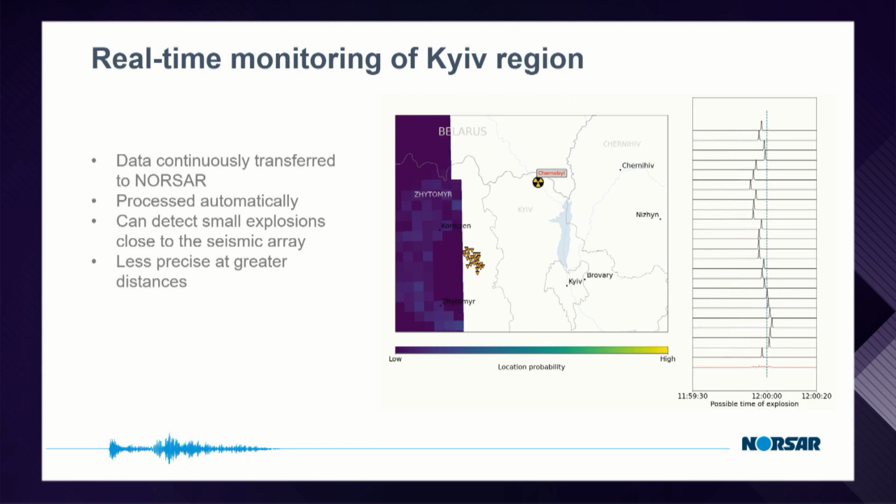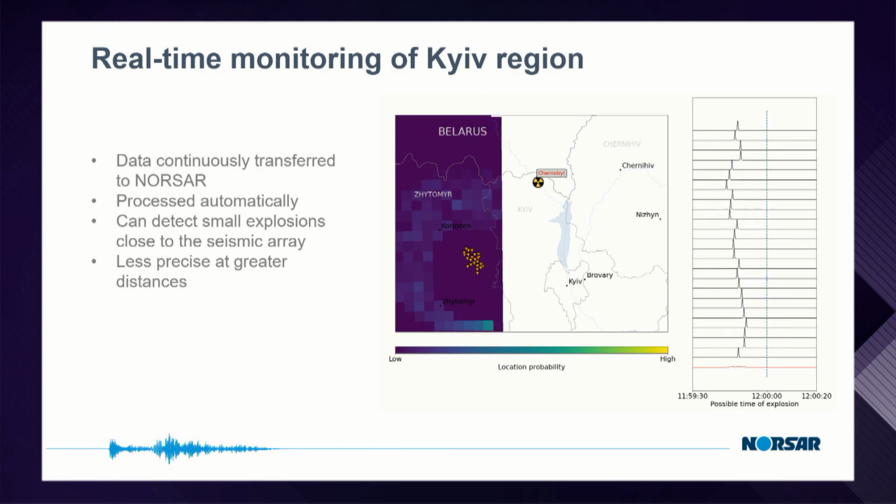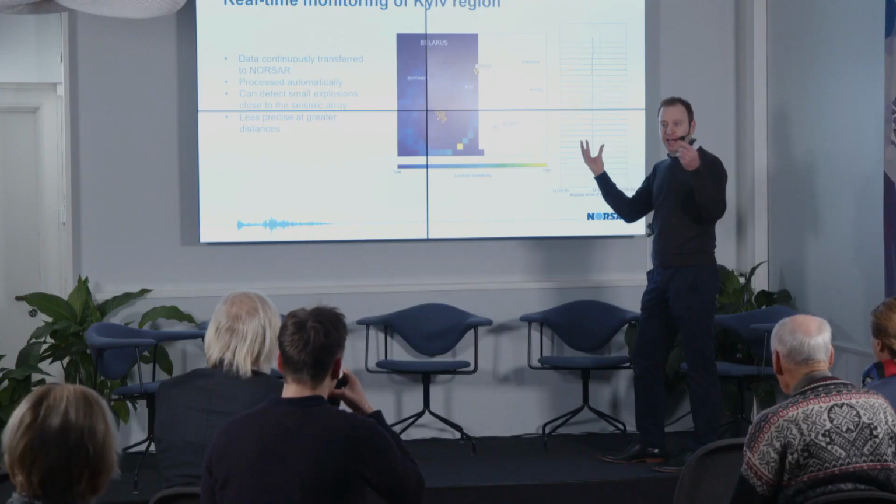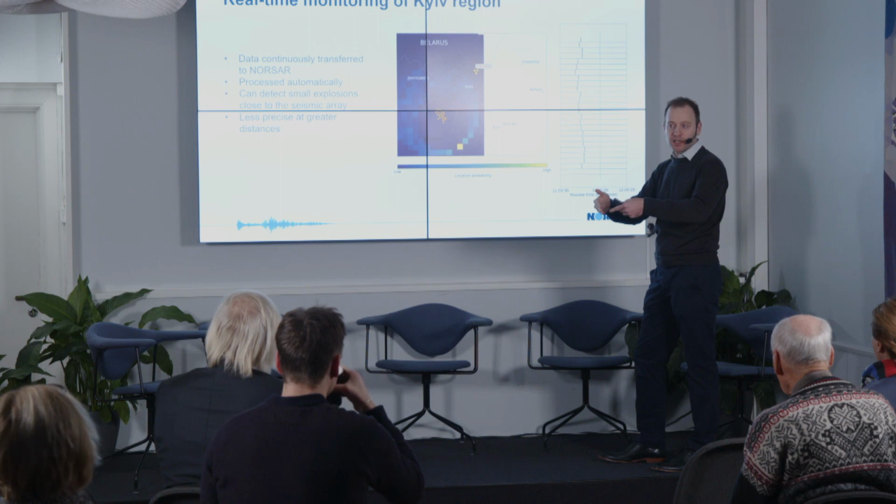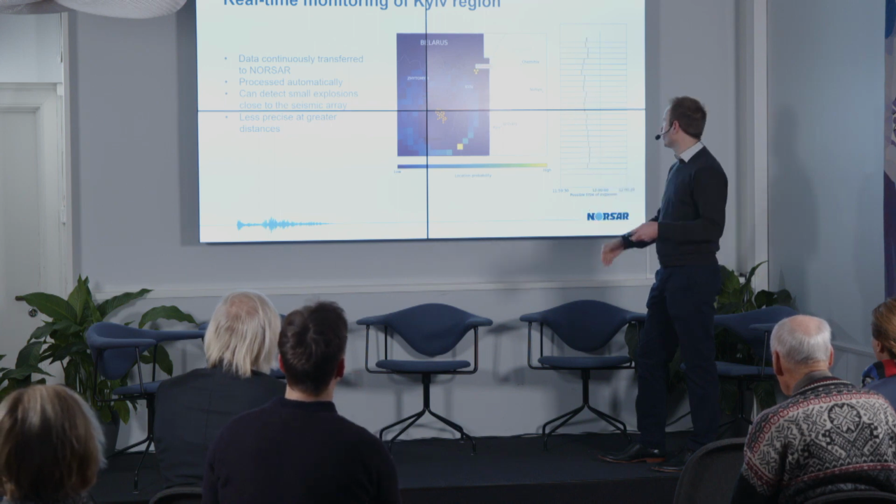So we back project the energy to every single point in space, and we search for explosions. You can see we're scanning through now, and we have low probabilities of an event. Then we hit a point, this yellow point, and this is where an explosion has taken place. All the energy is back projecting at a particular time and at a particular location.